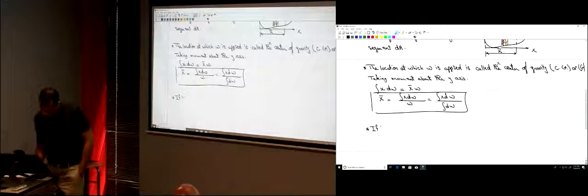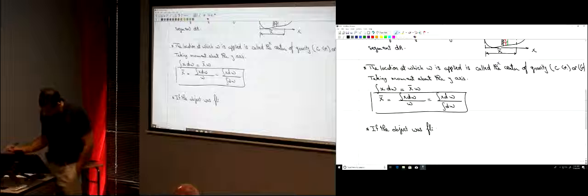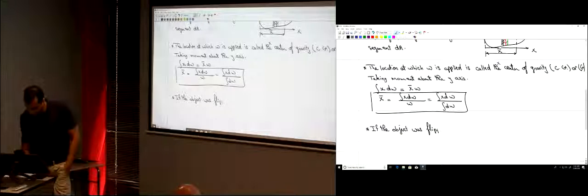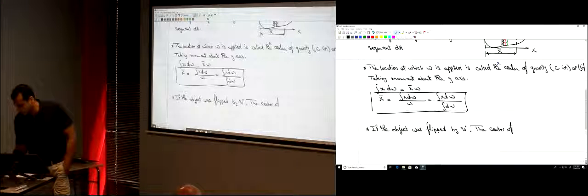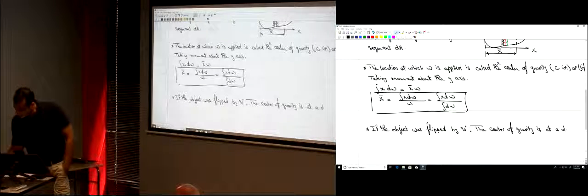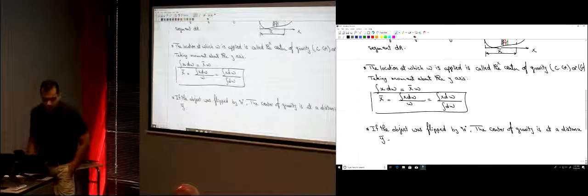if the object was flipped by 90 degrees, the centroid now, or the center of gravity, is at a distance y bar.